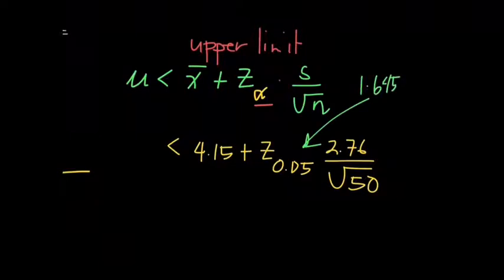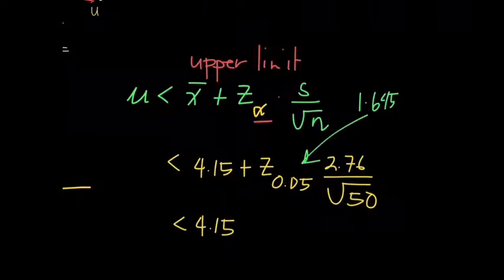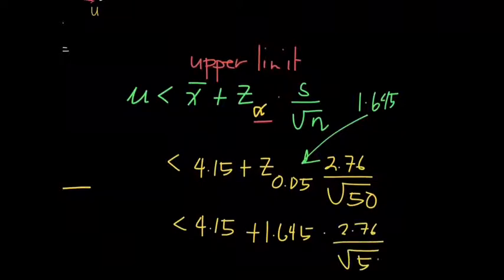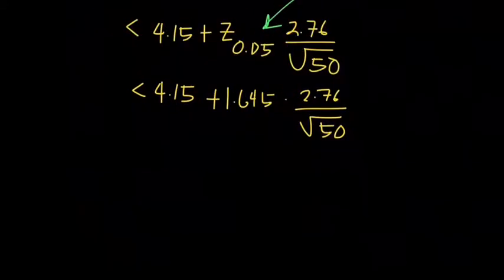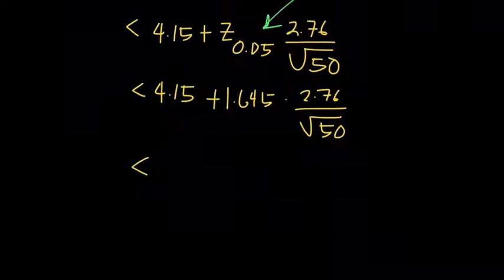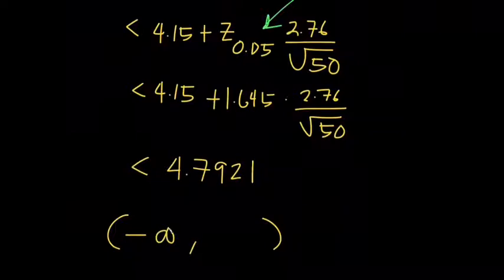So if we compute the value, we get 4.15 plus 1.645 times 2.76 divided by the square root of 50. Just compute this value using your calculator. And this value is equal to 4.7921. So the one-sided interval that we need is negative infinity up to 4.7921.